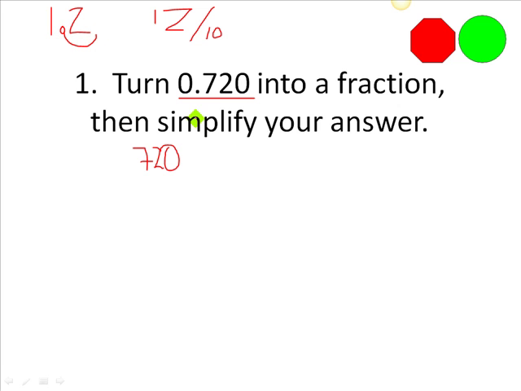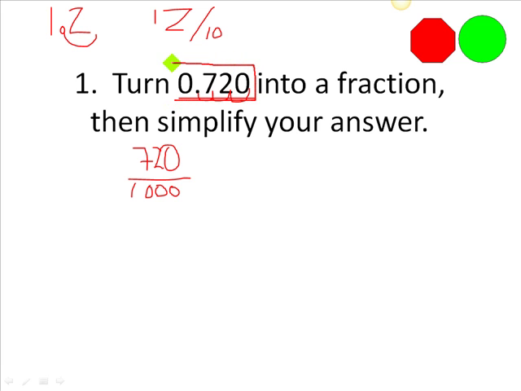My denominator will have 3 zeros in it because I have 3 places to the right of the decimal. So we'll put 3 zeros and stick a 1 in front of that. So that's the fraction that this decimal represents.